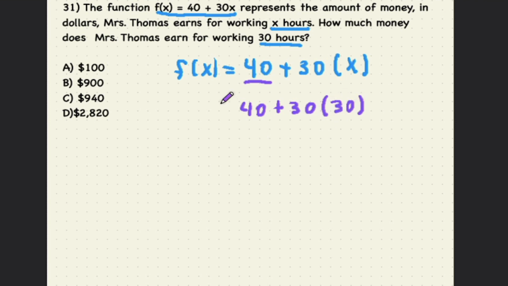So f of x is equal to 40 plus 30 times 30, which is 900. So it's a total of $940, which is answer choice C. Let's move on to the next question, number 32.